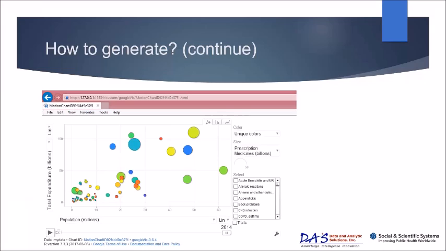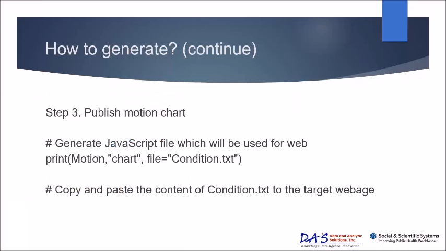This web page is hosted by our internal HTTP server, so it's in a temporary folder. It's not good for sharing with your clients, your readers, or your friends. So the third step is that you may want to publish the motion chart.